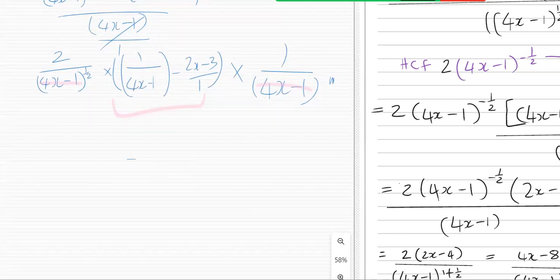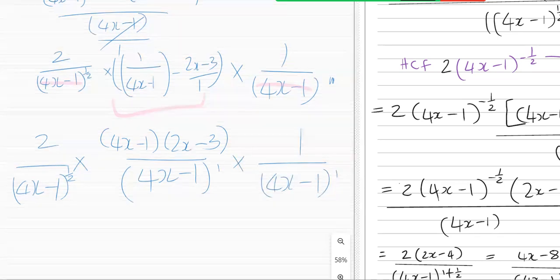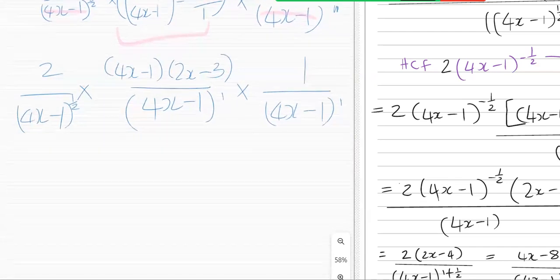If I bring these two together and take an LCD of 4x minus 1, then it will be 2x minus 3, and the one that has the 1 stays the same, but the 2x minus 3 has to be times by 4x minus 1. Okay. And this was 5.5. This was 5.1. And this is 5.1. It's my fantastic algebra going on here.